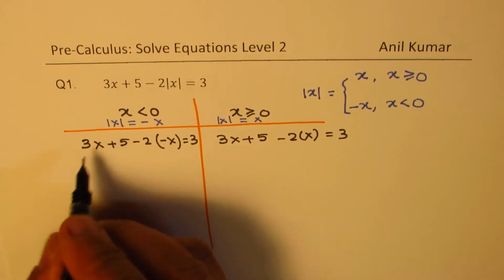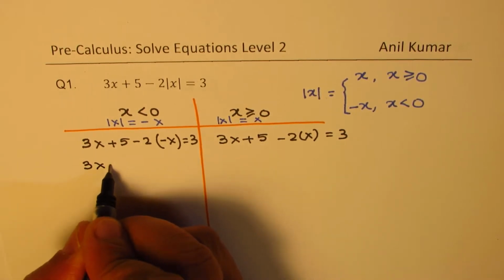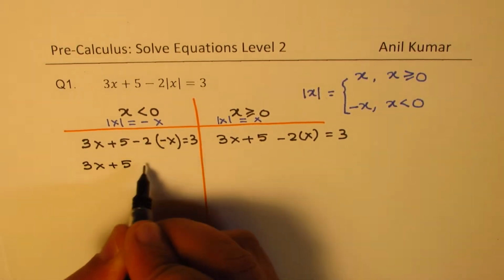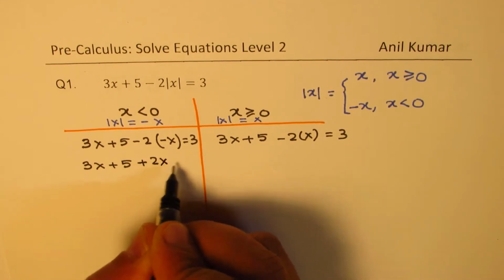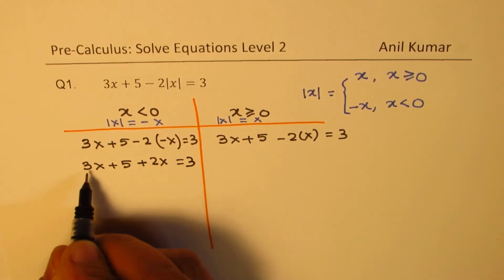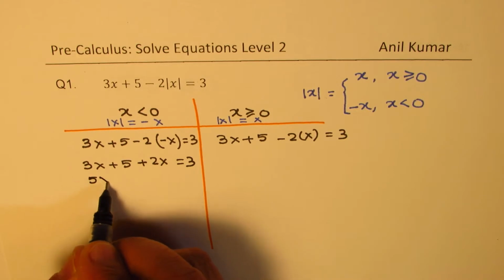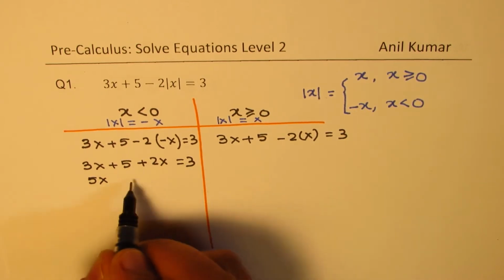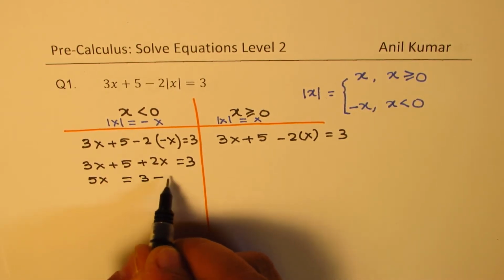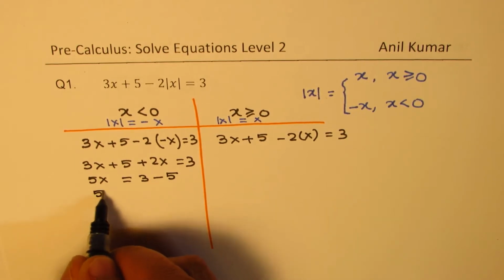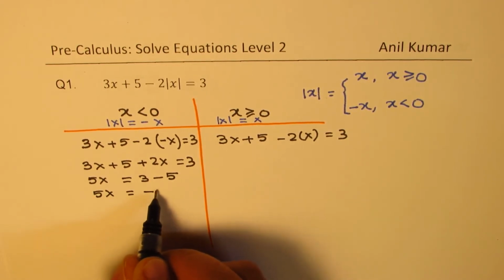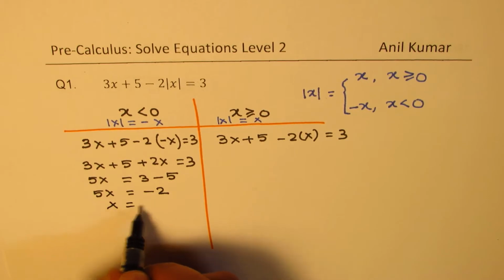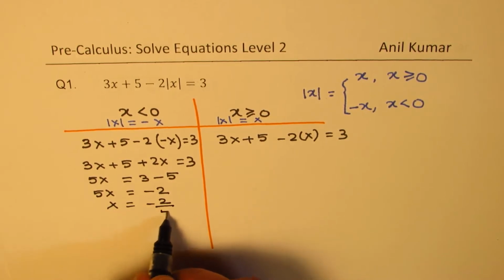Now let's solve this. So we have this as 3x plus 5, that gives you plus 2x is equal to 3. So 3 plus 2 is 5x. We can take this 5 to the right side, equals 3 minus 5. Or we get 5x is equal to minus 2, or x is equal to minus 2 over 5.